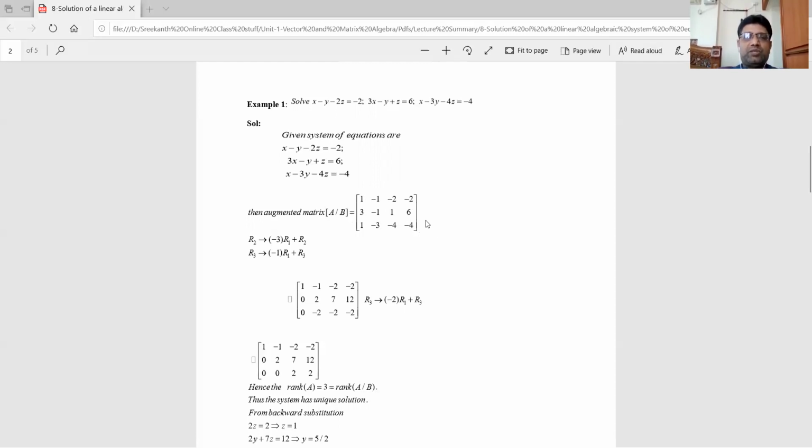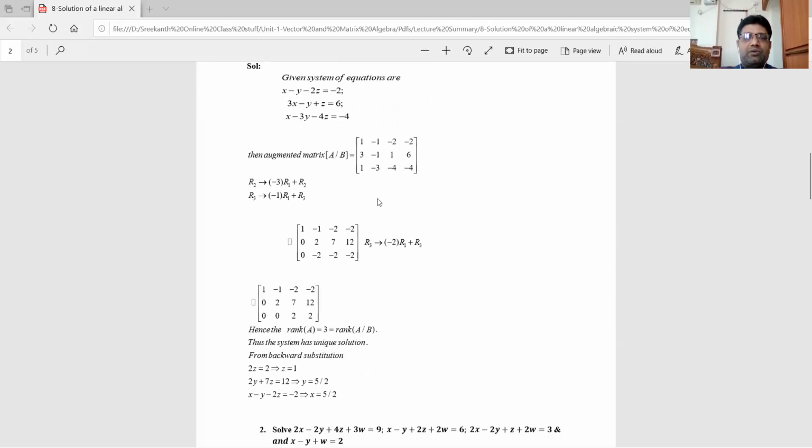Now we have to calculate the rank of this. So we will reduce this into echelon form and calculate its rank. We know how to reduce this into echelon form. I have to make these entries 3 and 1 into 0. So for that, R2 minus 3 times R1 and R3 minus R1.